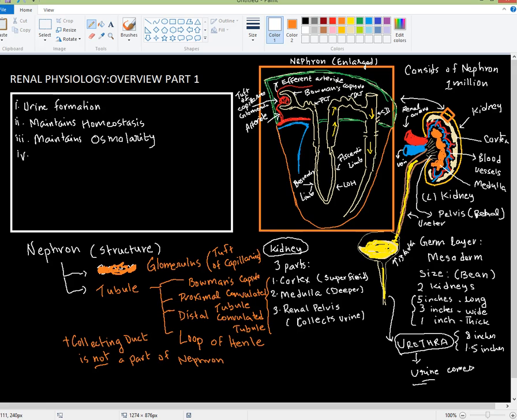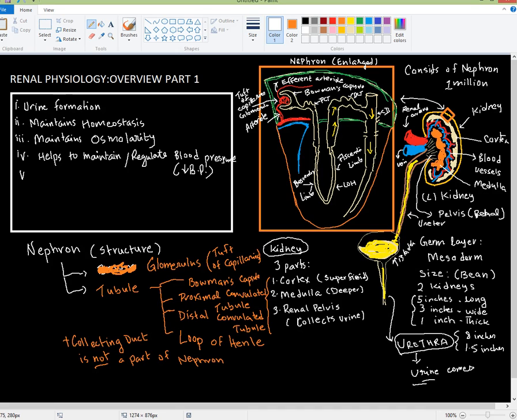It also helps to maintain the blood pressure. So we'd say it helps to regulate or maintain. You can use those terms. Maintain or regulate blood pressure, especially when the pressure is low. So low BP.